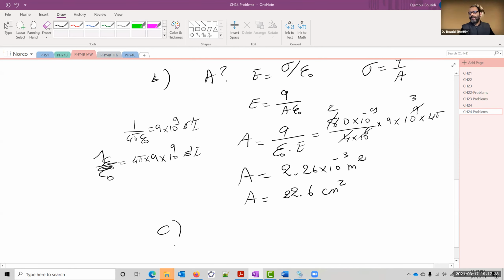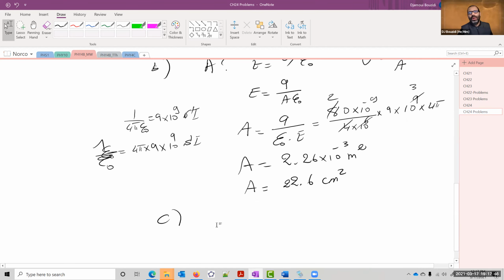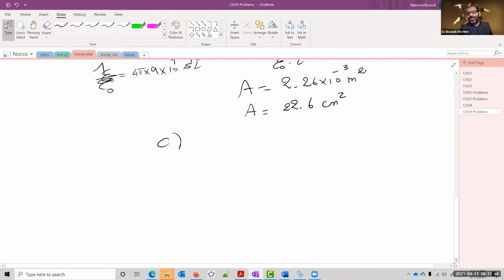Okay, since we have Q and V, we really don't need to use a formula, but we have two ways of finding C now. One way is C is equal to A epsilon naught divided by D, or C is equal to Q over V. Whichever way you want to do, it's the same thing, okay?